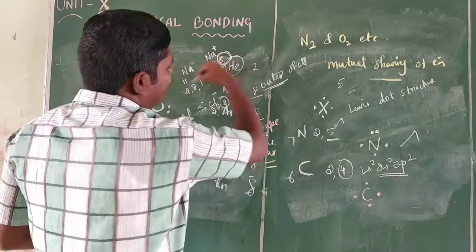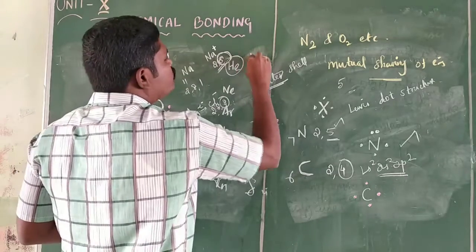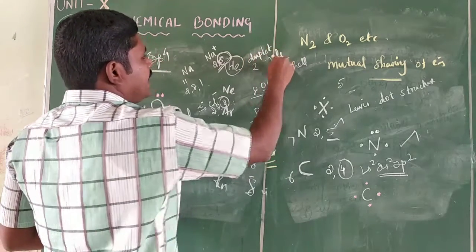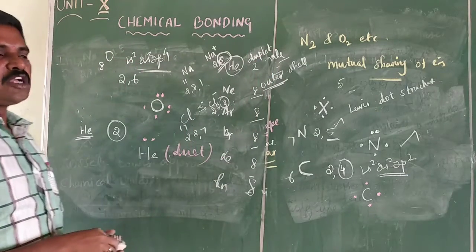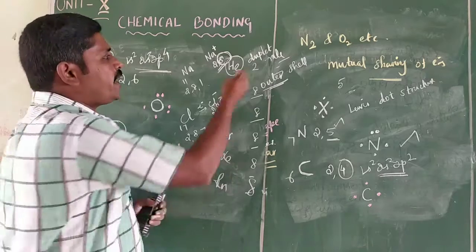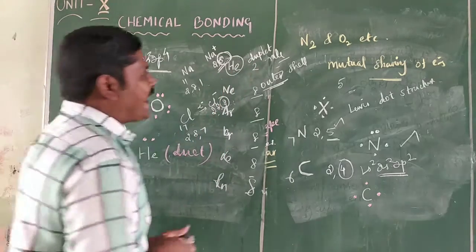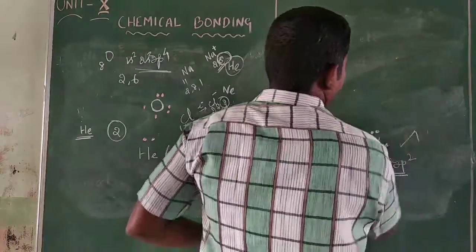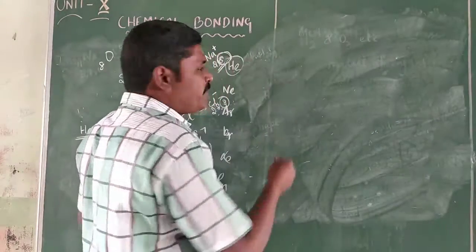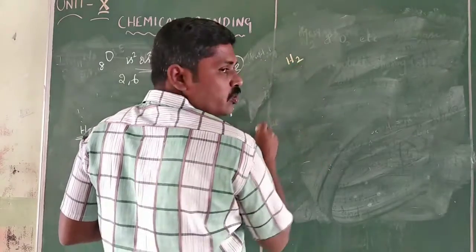But helium obeys the duplet rule. The two-electron elements or molecules obey the duplet rule. For example, hydrogen H2.